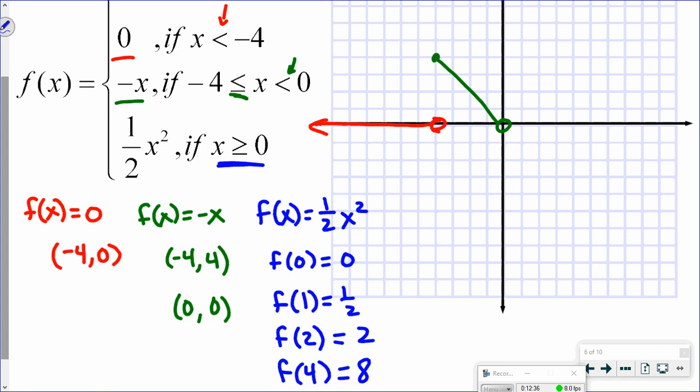Okay? So there's a closed circle, and I'm going to show you how to represent this here in just a minute. Okay, and then I have the points 1, 1/2, 2, 2, and then 4, 8.